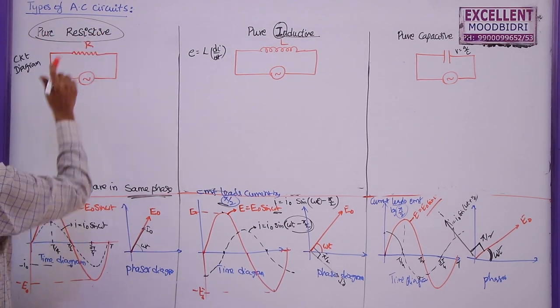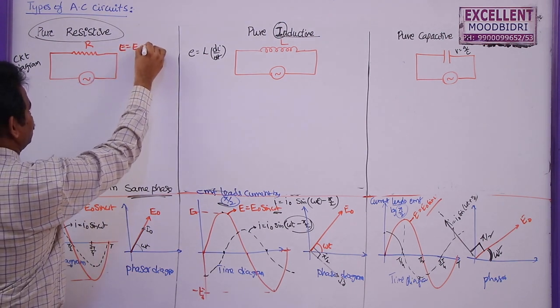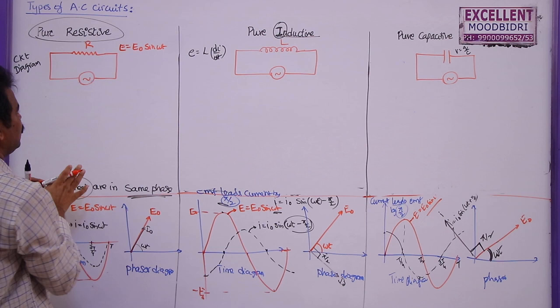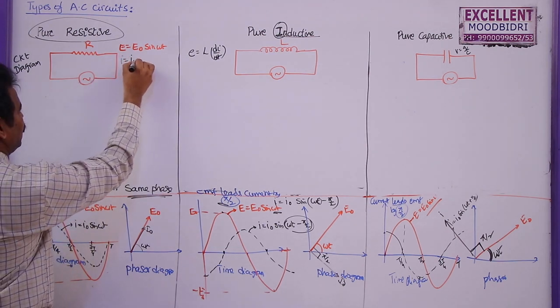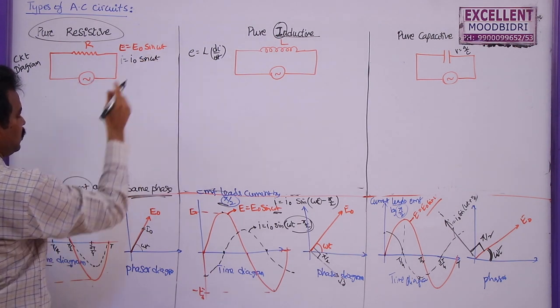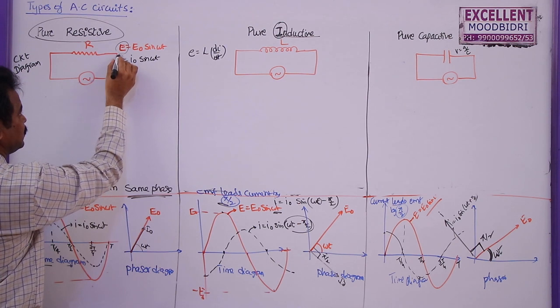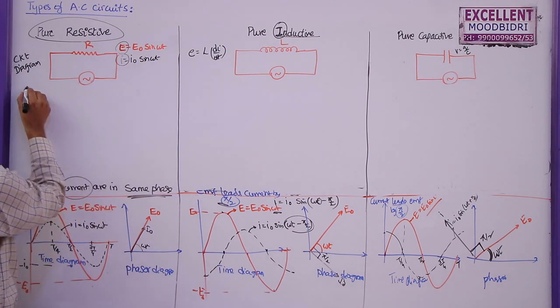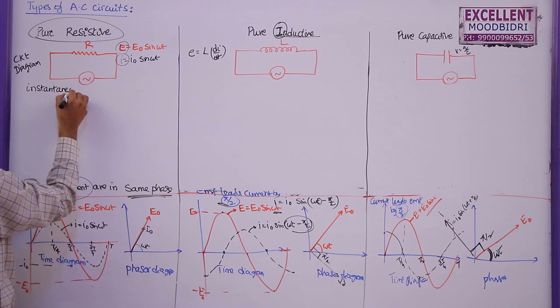In a pure resistive circuit, the EMF is given by E naught sin omega t, and here I am representing the current I as I naught sin omega t. So this is the instantaneous EMF, and this is the instantaneous current. So what is the instantaneous power in this circuit?